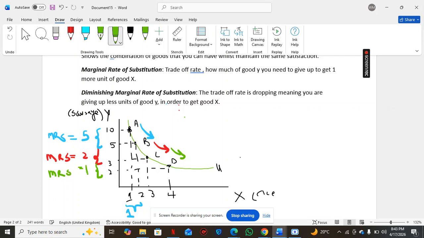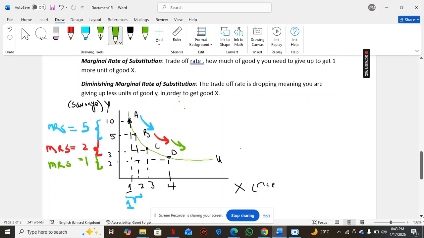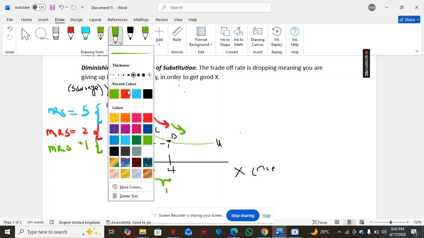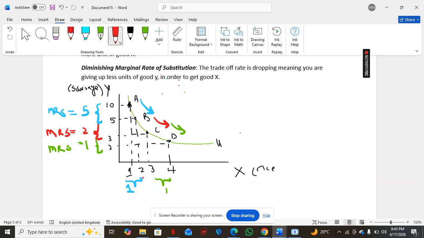Given up one sausage in order to get one more bag of rice. So this is what we mean by diminishing marginal rate of substitution, okay? You're giving up less of good Y in order to get one more of good X. This is what we mean by the diminishing marginal rate of substitution, where your trade-off rate is dropping. You're giving up less sausages in order to get one more unit of rice.